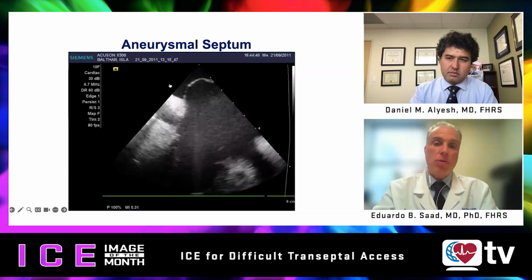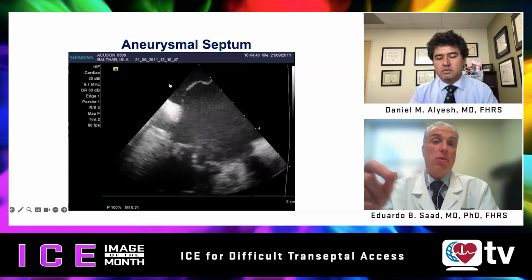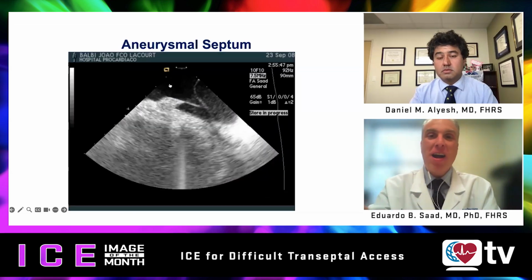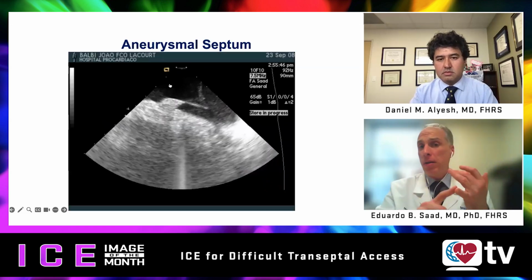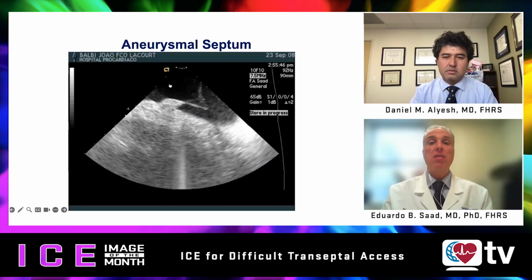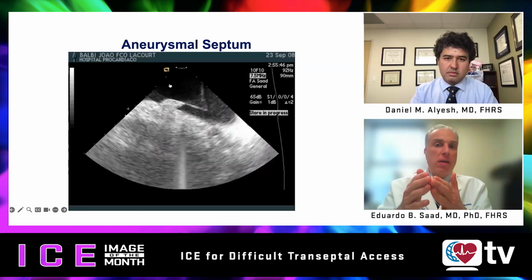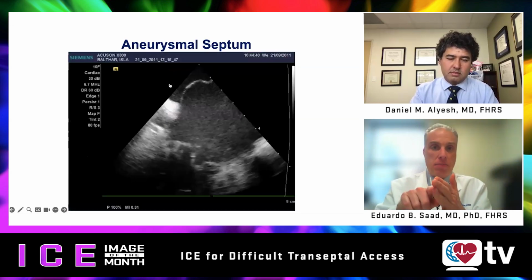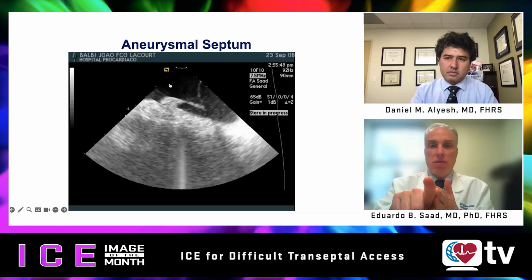My approach to those septums is that I do prefer to use some sort of power needle. It could be just a wire with the bovie, as I said before, but any type of power. It could be a powered needle, a powered wire, or just bovie on a standard wire, because that way you avoid having to push too much. You just have to have a good tenting, and then you use the energy to go across, and you don't have a pointy structure going across.